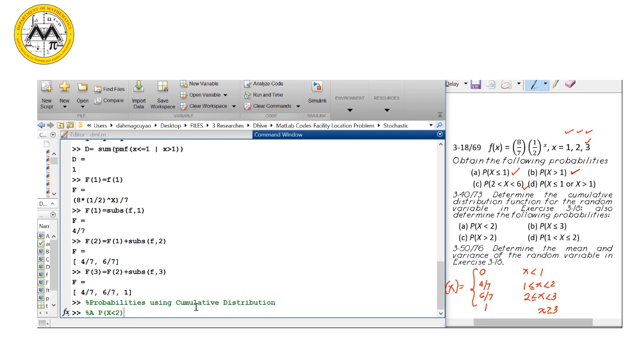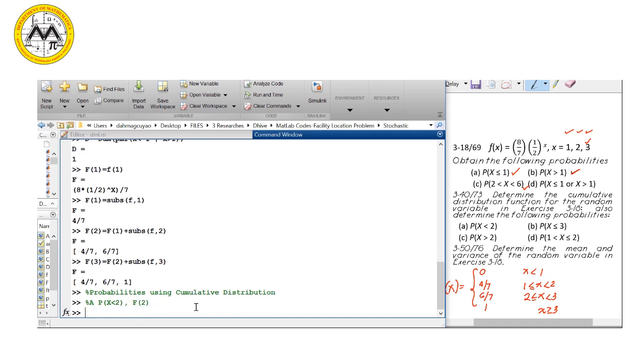So this is just f of 2. But since we're looking for value less than 2, it would be f of 1. So for letter A, we have f of 1. That is the boundary less than 2. So f of 1.